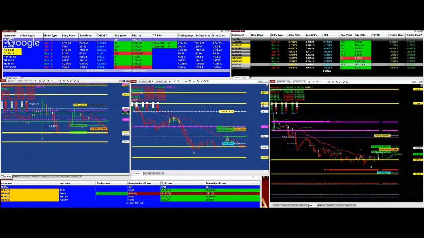Okay, we're about to have a new signal. You can see where the support line is, 60.55. Any second now. You have a long Nasdaq on the scalper.